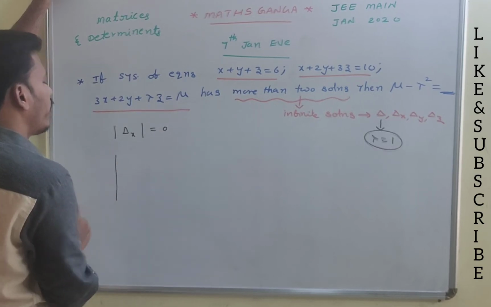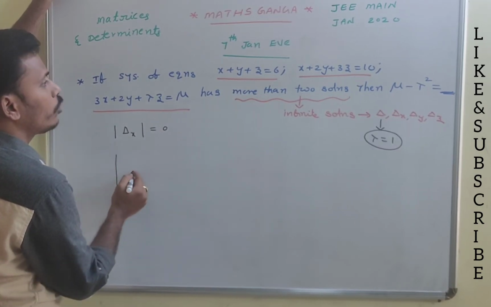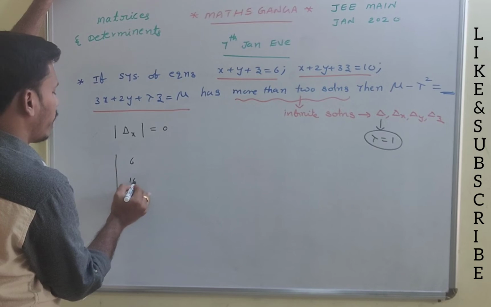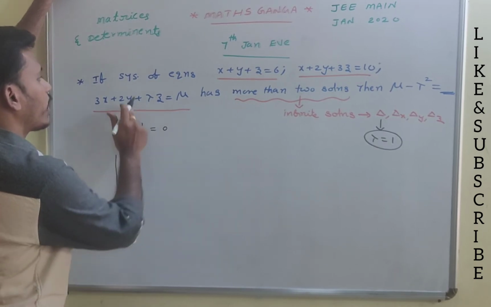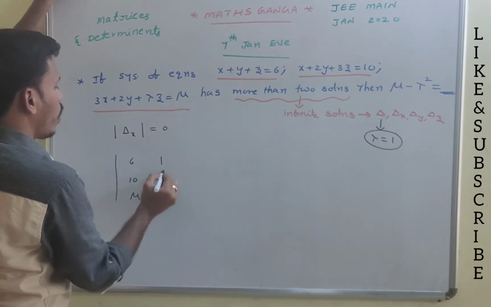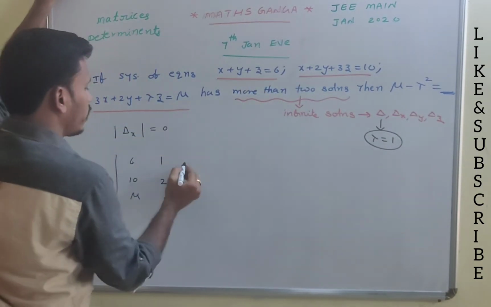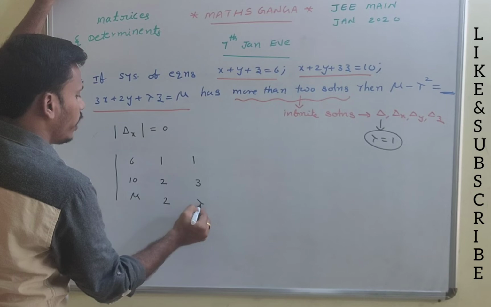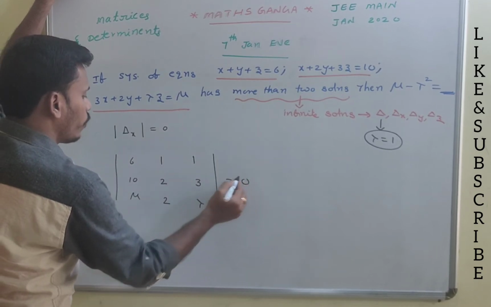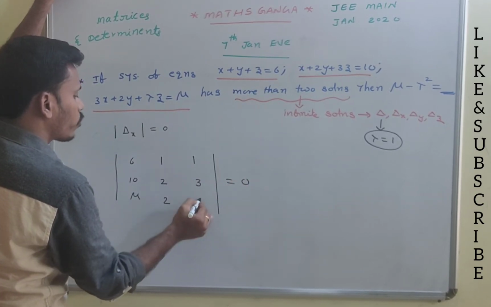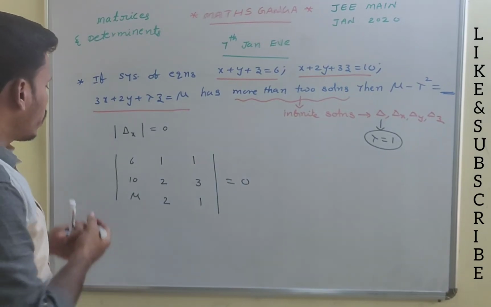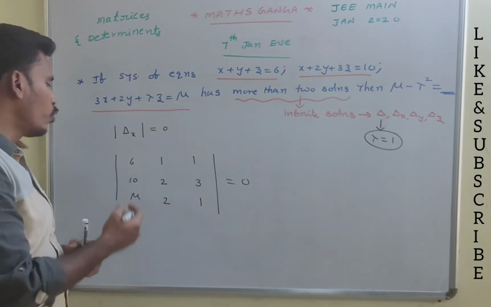The first column you need to use is the constants 6, 10 and then mu. The second column is the same as the y coefficients 1, 2, 2. And the third column is the same as the z coefficients. What are the z coefficients? 1, 3, lambda, which is equal to 1, since we already found that lambda is equal to 1, right? Now see, 6, 10, mu, 1, 2, 2, 1, 3, 1.